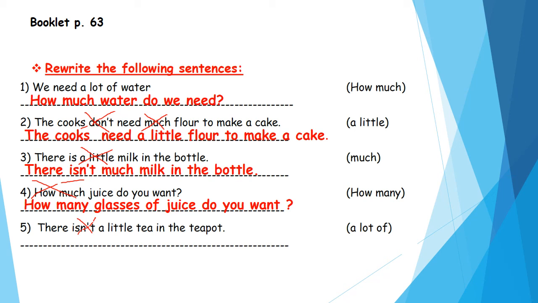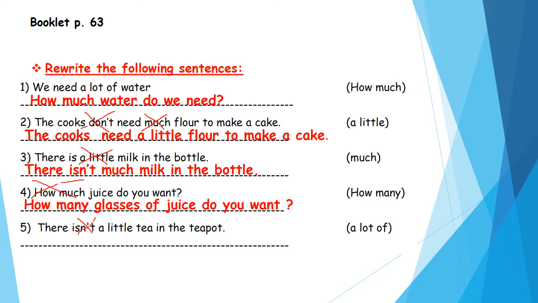Number 5. There isn't a little tea in the teapot. And we'll use a lot of. What is the meaning of the sentence? There isn't a little tea in the teapot means that there is a lot of tea, yes? So when we put a lot of, the sentence will be in the same meaning. So we'll say what? There is a lot of tea in the teapot.